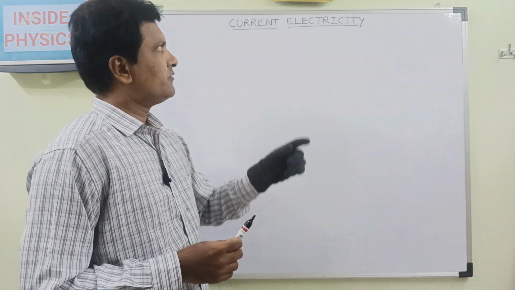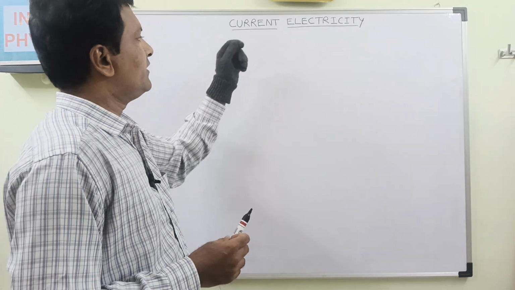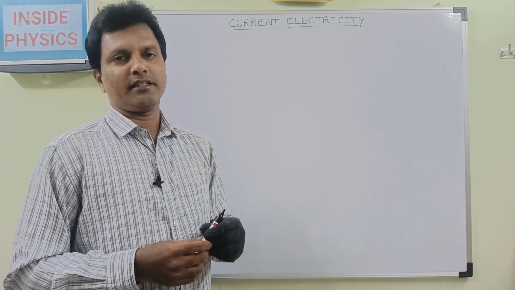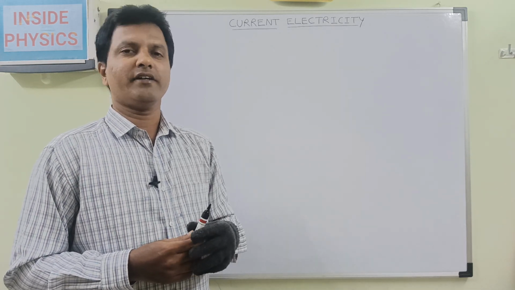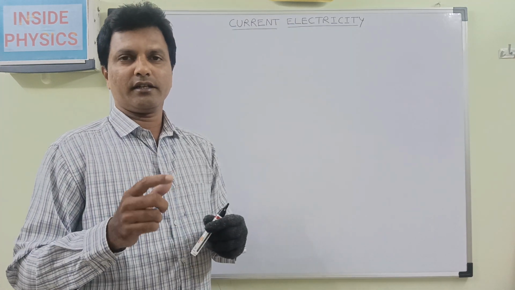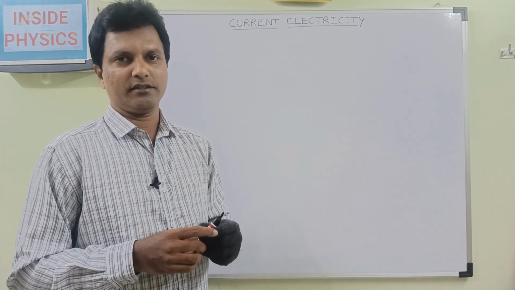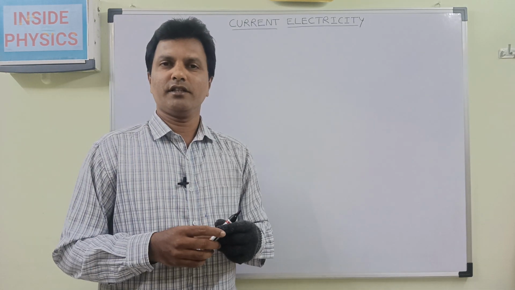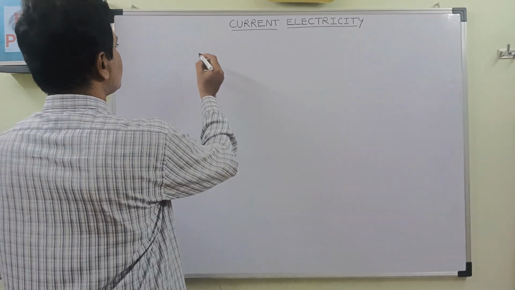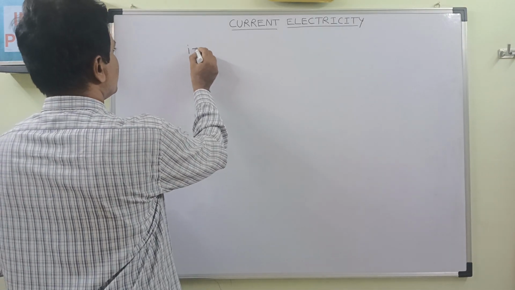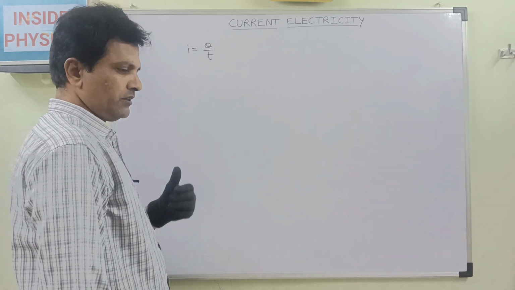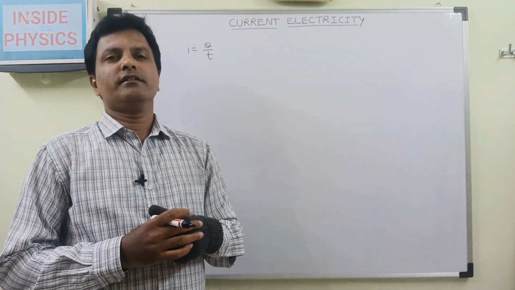First of all, in current electricity, the strength of electric current is defined as the rate of flow of charge through a conductor per unit cross section, represented by I is equal to Q by T. So this is the strength of electric current.